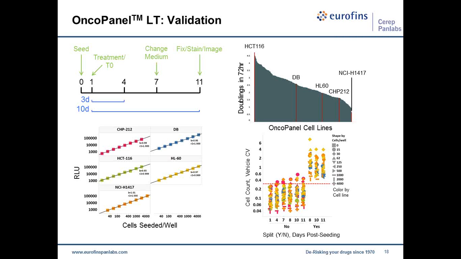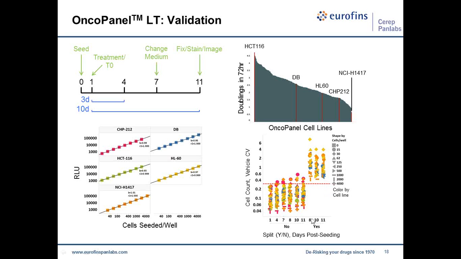Knowing what we did about Oncopanel, we were concerned that this might introduce some variability, but we wanted to directly test this. So what I've plotted in the bottom right plot, on the y-axis, is CV. Again, as a reference, the horizontal dashed line indicates our quality control criterion in terms of what's acceptable.